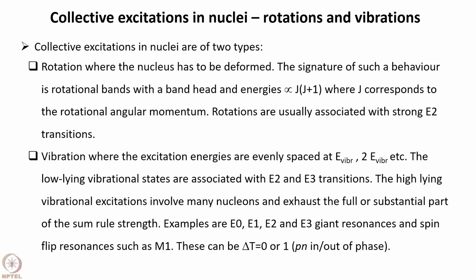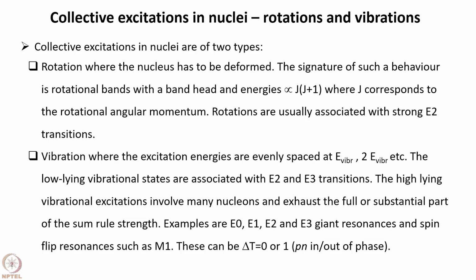The high-lying vibrational excitations involve many nucleons, and that is the so-called giant resonance. Why would we call it a giant resonance? Because it exhausts the full or a substantial part of the so-called sum rule strength. I have not defined this sum rule strength, but it is basically telling you how much of the total strength is there in the E1 transition.